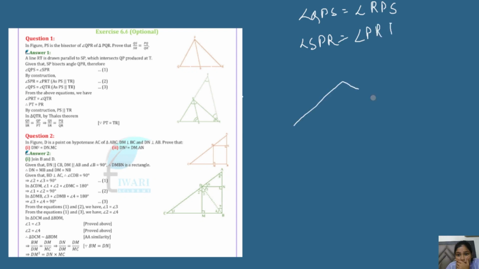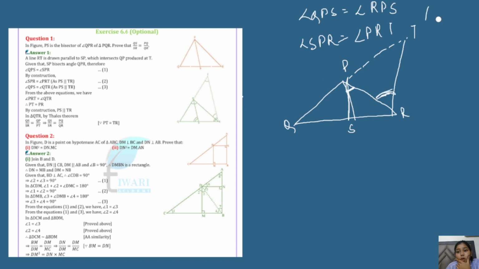Right, the picture is somehow like this: PQR, this is S, and this is how you can extend it, and this is T. So by construction, this is your angle SPR and it is equal to angle PRT because this line RT is drawn parallel to this particular line SP. Since both of them are parallel, this angle will be equal to this angle by alternate interior angles. Similarly, angle QPS will be equal to angle QTR.